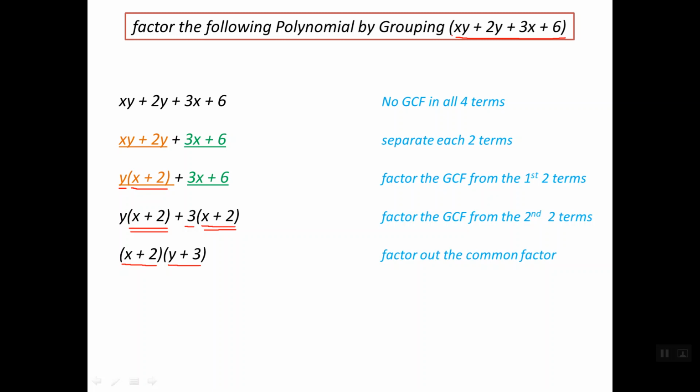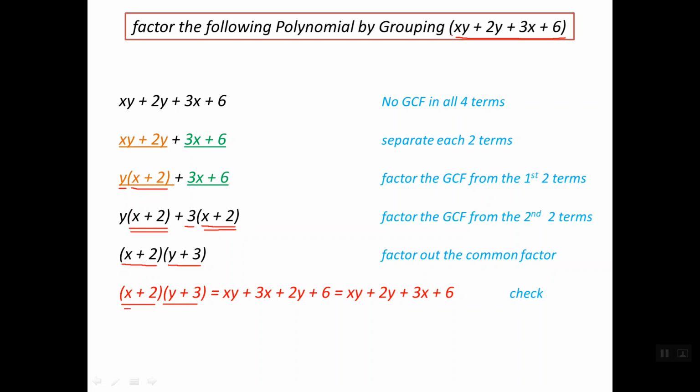So in this case, we have 2 factors for the polynomial. In order to check for the correctness of our steps, simply we can multiply these 2 factors, multiply x plus 2 by y plus 3.